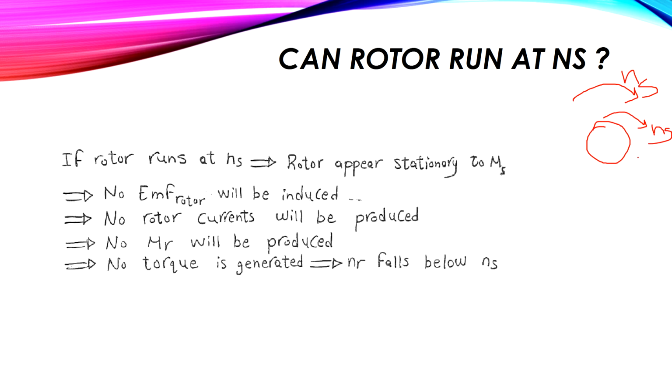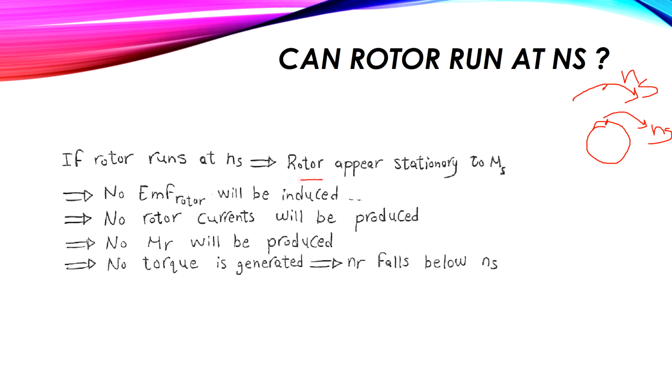So the rotor, for example at this point, will see the rotating field as if it is a constant field, because both of them are rotating at the same speed.